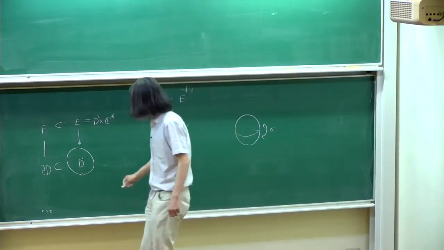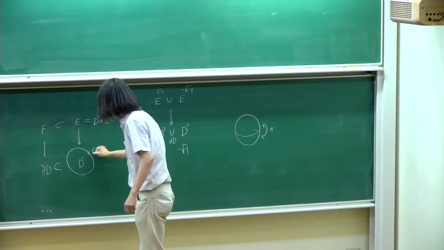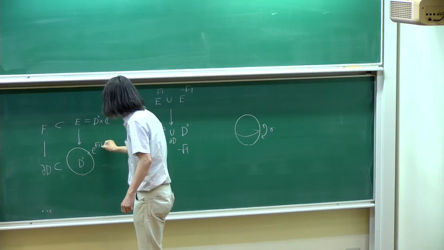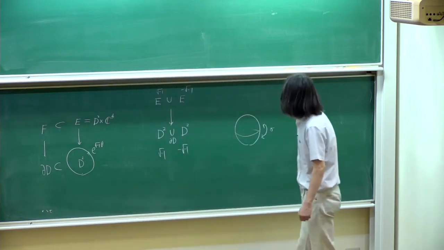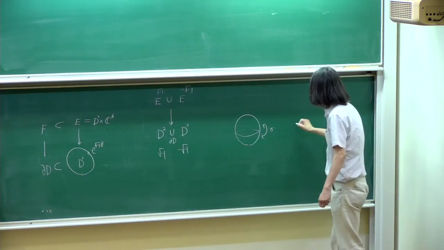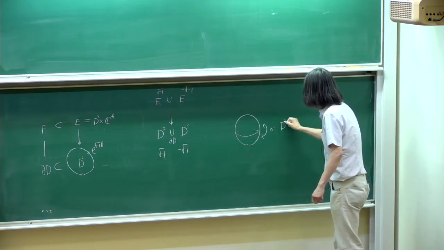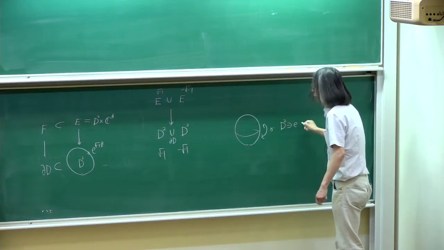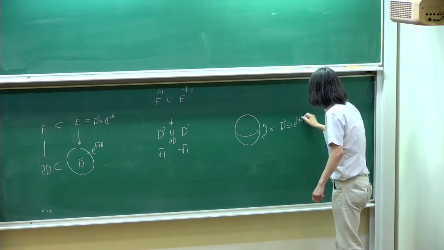So now you take here E of square root of minus 1 theta. So over the fiber there, I have D2, and here I have e to the square root of minus 1 theta.